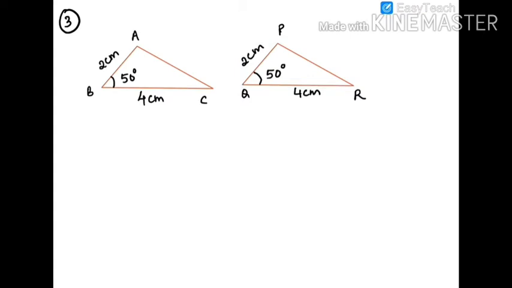So if we know that two corresponding sides of the two triangles are equal and the angle contained between them is also equal in two triangles, then the two triangles are congruent by the criteria SAS, side angle side. The angle is contained between two equal sides.